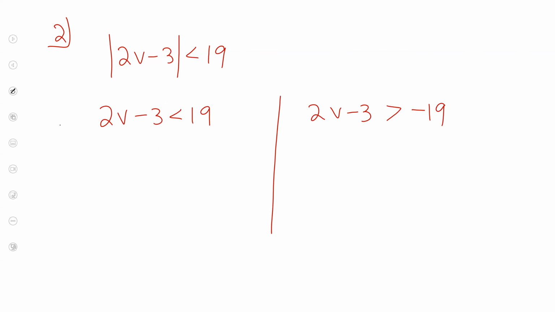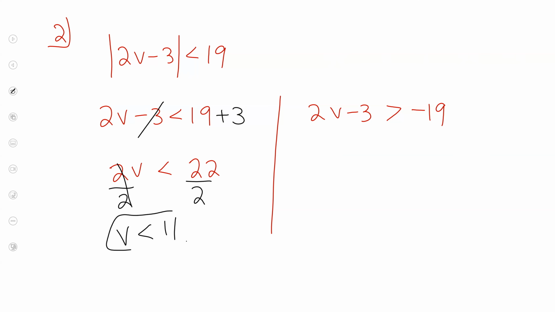So I'm going to add 3 to both sides. 19 plus 3 is 22. Divide both sides by 2. Did I divide by a negative number? No, so the sign will stay the same. I have v is less than 11.